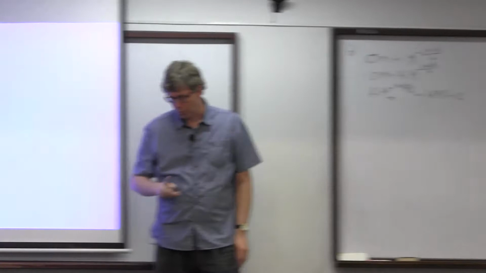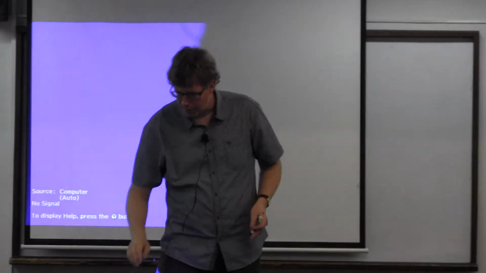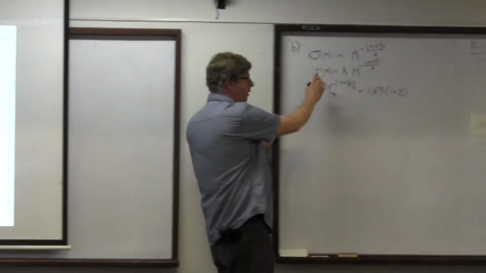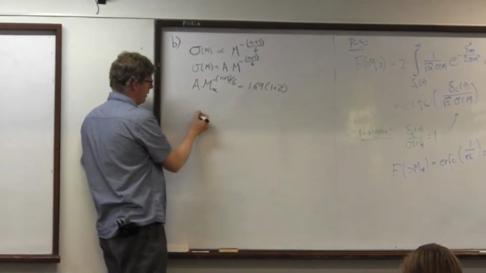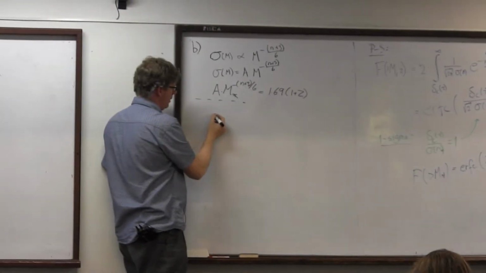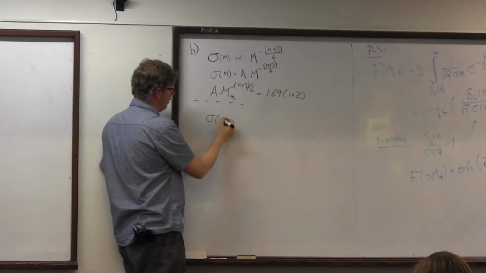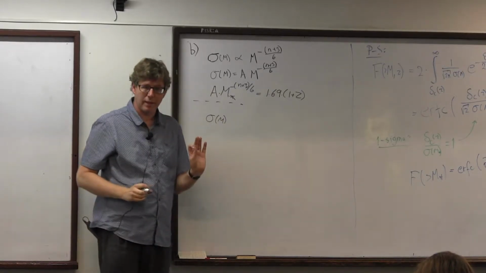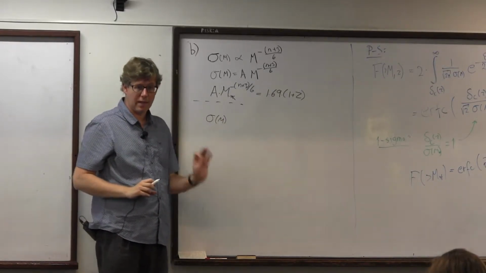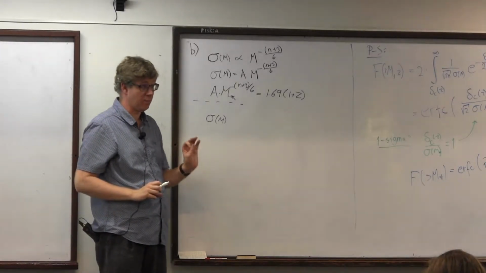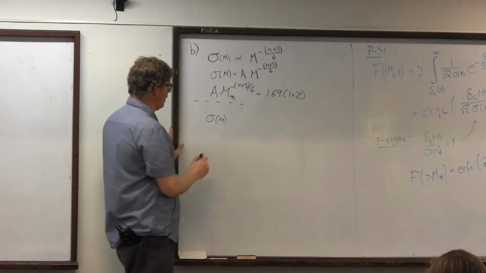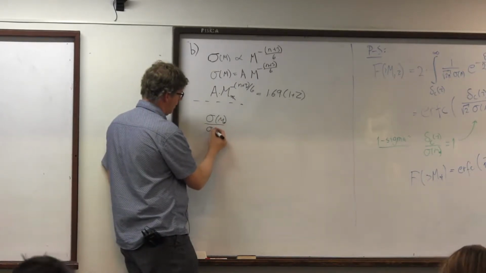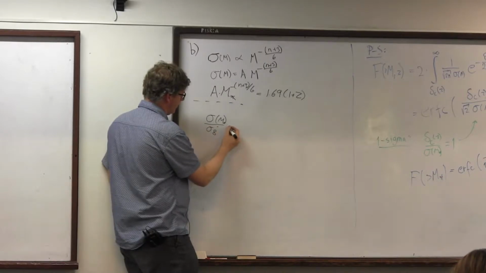So the simplest way to do that is just to write this down for 2 masses. So what I'll do is I just write sigma of m, and the important thing here is that what I gave you is this sigma 8. I gave you the perturbation on 1 scale. So what I can do is I can calculate sigma of m over sigma 8.